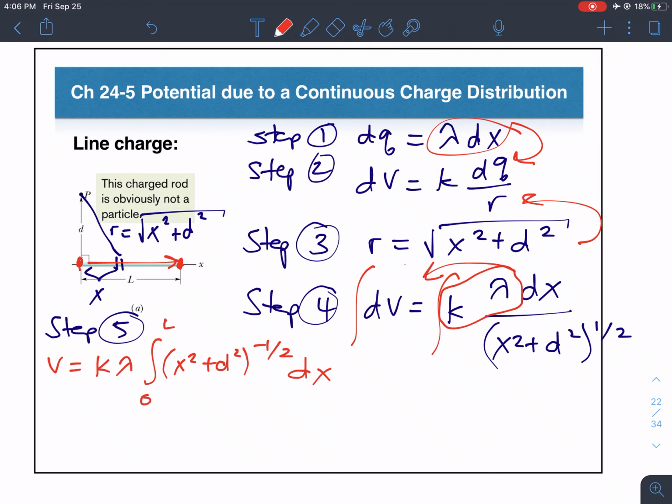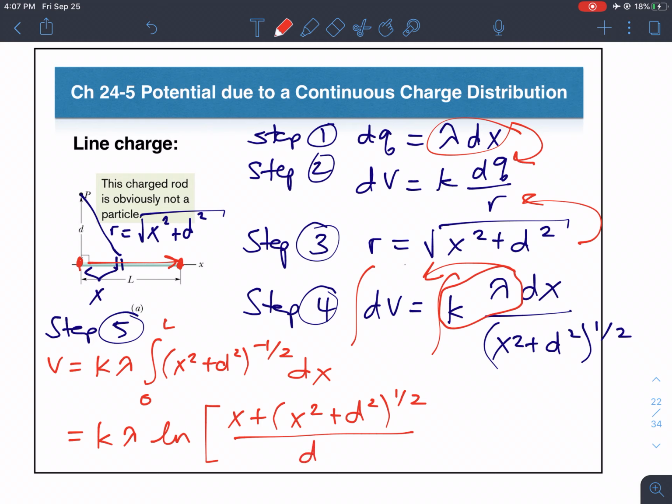This integral here is not an easy integral to solve. You use some trigonometric functions and identities, and I'm not going to ask you how to solve this, so I will just put the answer in. That integral results in a natural log, ln, function, and inside it is x plus the square root of x squared plus d squared, divided by d.